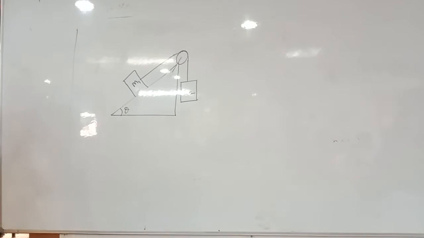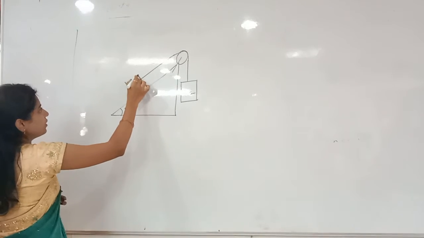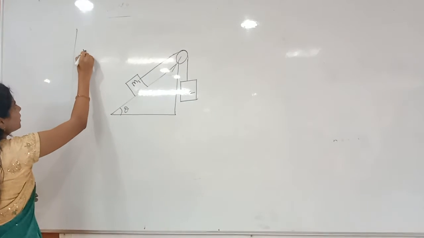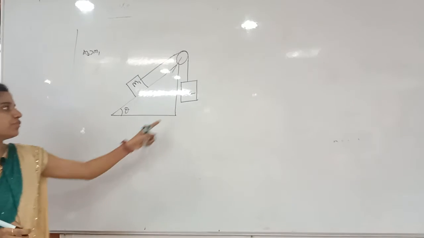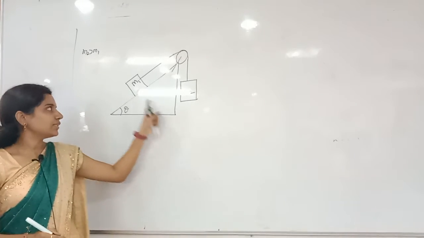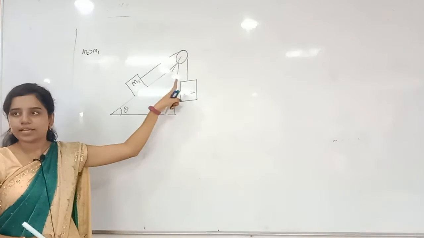So I have given m1 and then m2 like this, with m2 greater than m1. Then what happens? m2 will move in the downward direction and then m1 will move up the inclined plane.